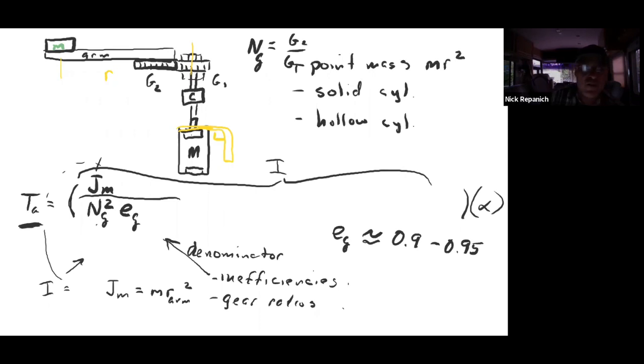They're generally fairly high, but if you went to a worm gear, where all of a sudden you have sliding friction in the mechanism, your efficiency might be 0.4 because you lose a lot of heat in that gear.